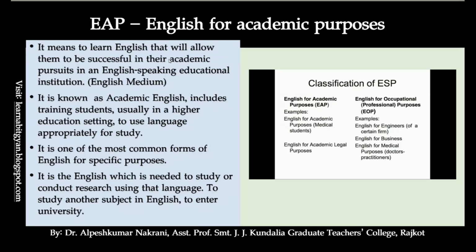Yes, sir. ESP stands for English for specific purpose, and English for academic purpose is one type of ESP, isn't it? Actually, EAP is one type of ESP, because you are learning English for academic purpose, right? So we find English medium institutes in our country, right?